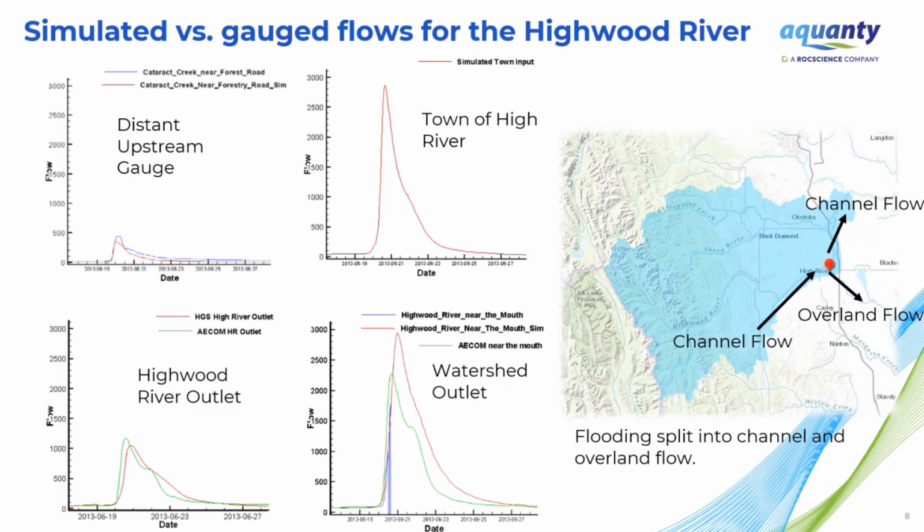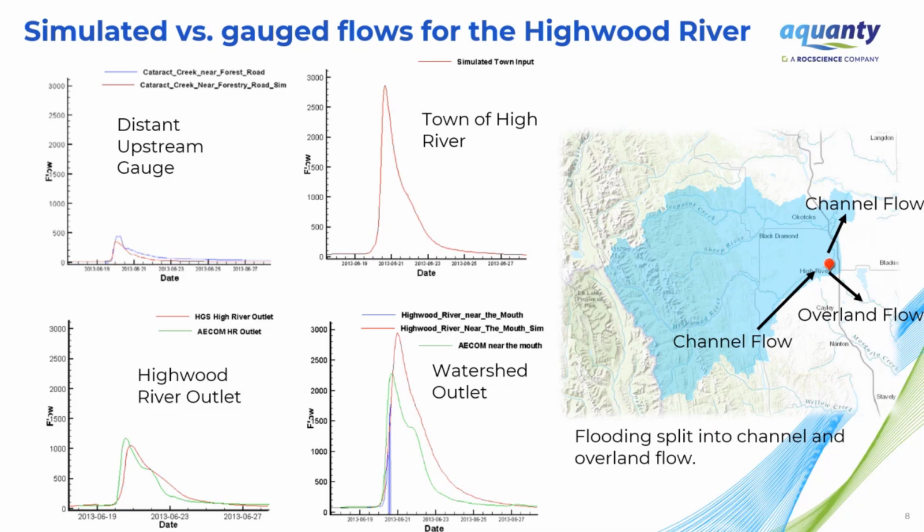So the green plot in the lower left is the AECOM 2D modeled flood wave just downstream of the town of High River. And then further down at the watershed outlet, there was a little bit of gauge data in the early stages of the flood before the gauge washed out.